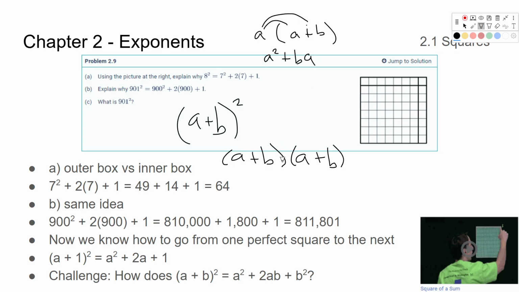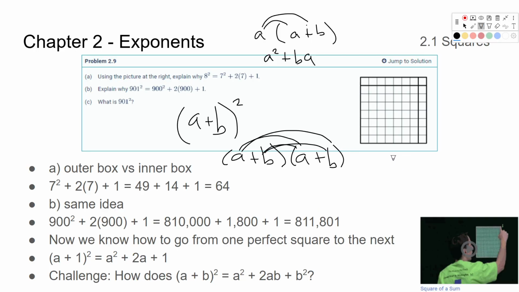But here we have two expressions. So basically the answer is that you distribute both. You distribute the A and you distribute the B.